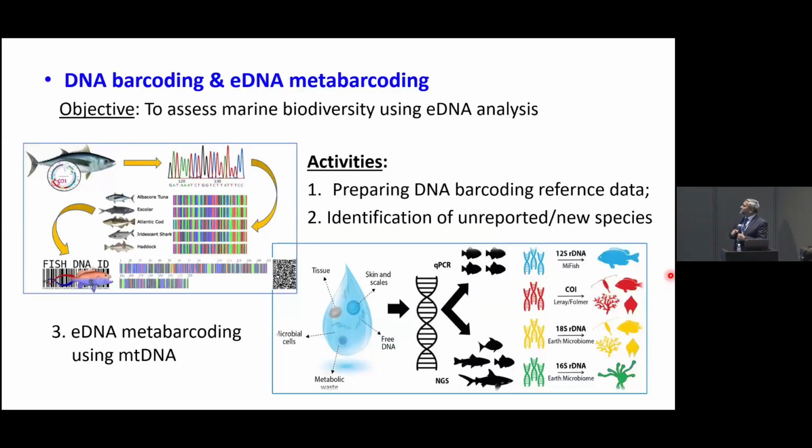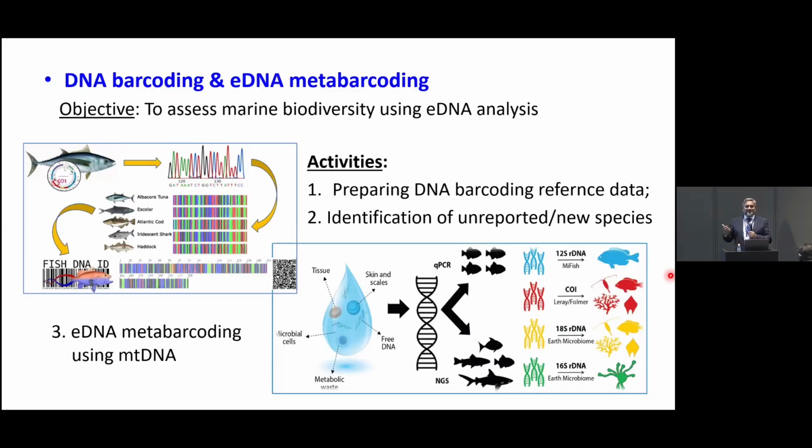Now I will show the work of my lab, the ABR lab, Aquatic Bioresource Research Lab. In my lab, we assess the marine biodiversity of different ecosystems of Bangladesh. So what are we doing? We are preparing DNA barcoding reference data.